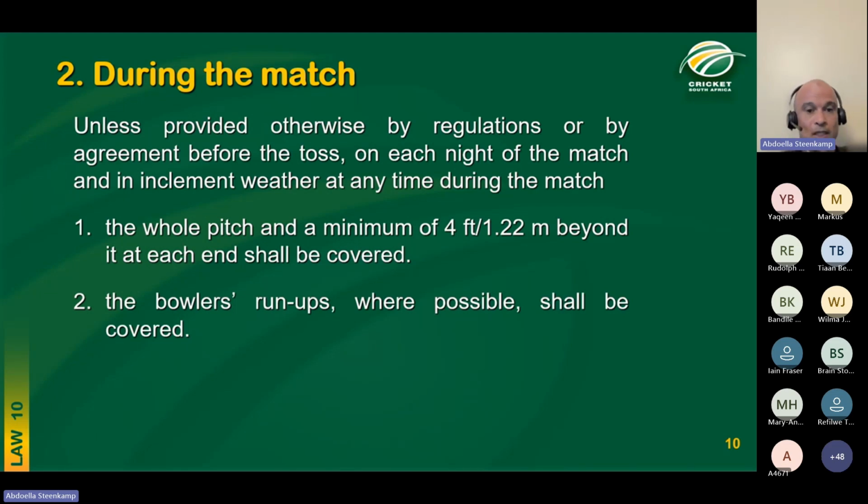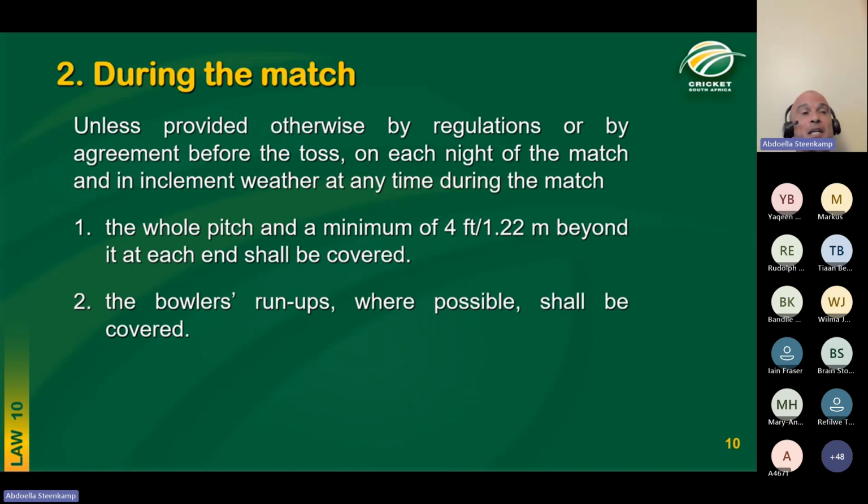This speaks about points 1 and 2, but there are playing conditions that guide us how to cover the pitch. I'll use Newlands as an example. Newlands in Cape Town, South Africa, where there are about 16 to 17 pitches on the square. Here playing conditions allow us, and in South Africa, we cover the whole square.